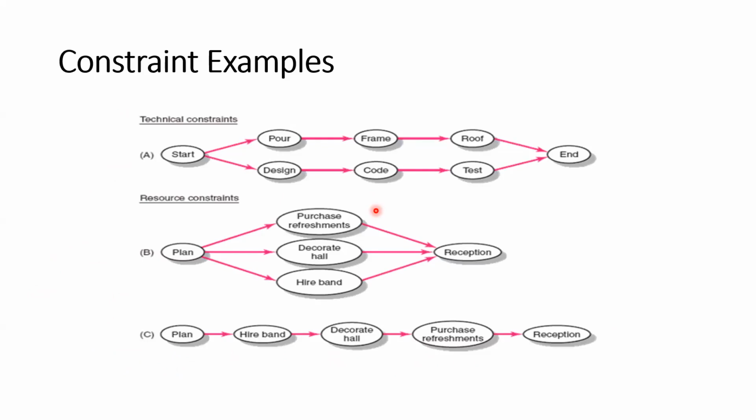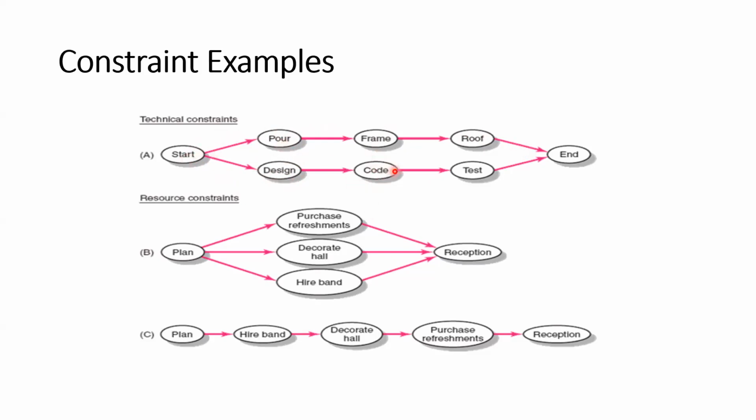The technical constraint and the resource constraints are explained here. In the technical constraint, I explained that if we have a sequence to be followed, we have to go in that sequence. If I take the design activity, before starting the design activity, we have to start the project.